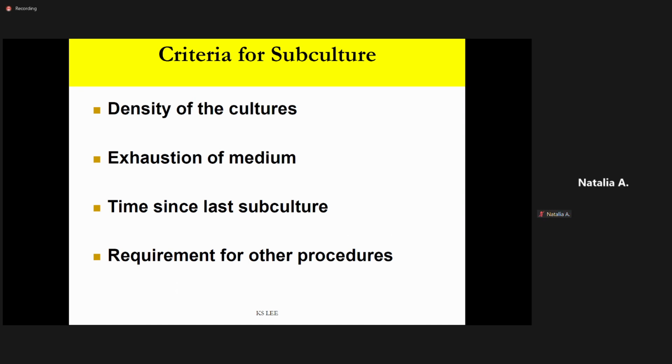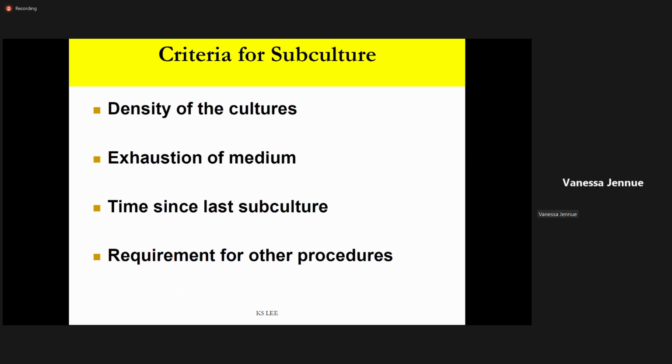If you know the cell subculture interval is 7 days, you already know when the last subculture was. You know the last subculture was day 7, so you also know when your next subculture is, isn't it?